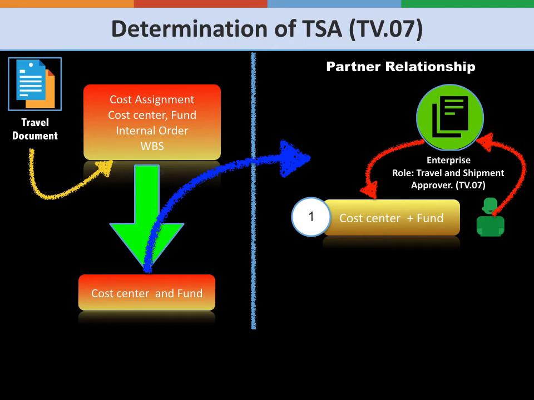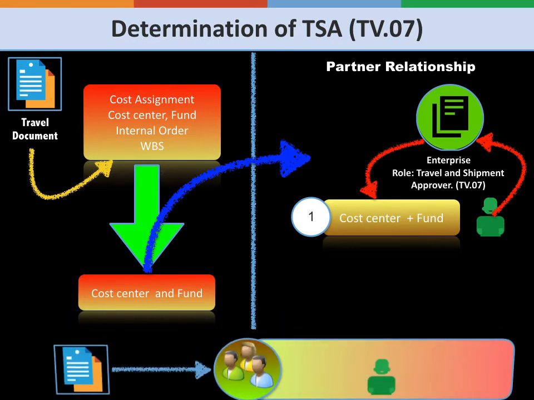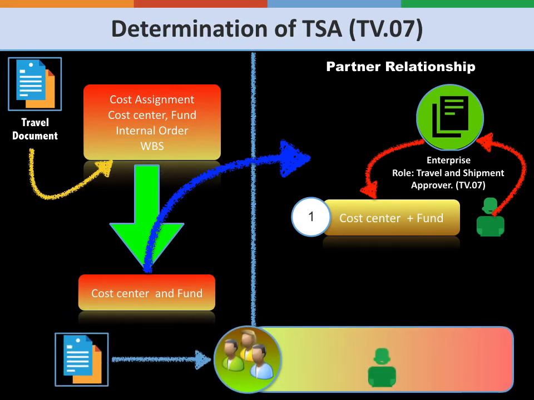In the partner relationship table, a person who has been assigned the enterprise role of travel and shipment approver is assigned to a specific cost center and fund. With this combination, the agents are determined, and the document will be sent to them for approval.